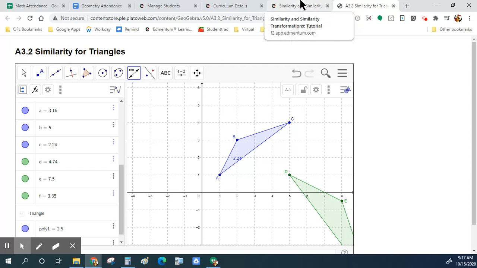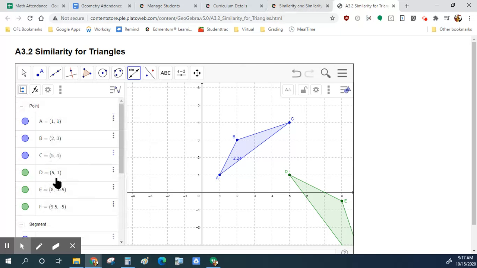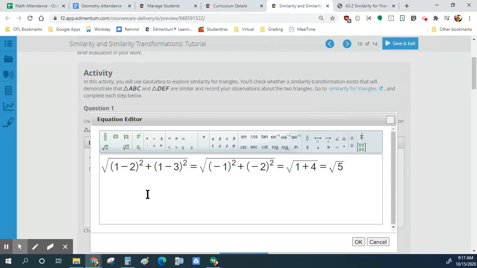So what I'm going to do here, I'm going to go back and do it for DE. I have 5 and 1 for my D. So I'm going to change this to 5 and 1. And just so you guys know, I could have put the 5 here or here because they're X values.